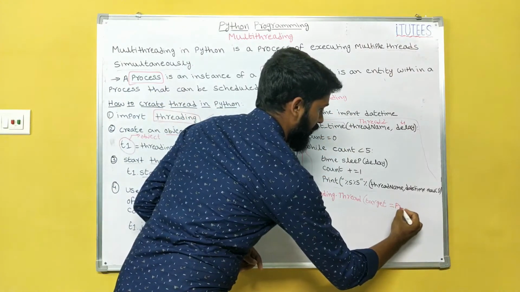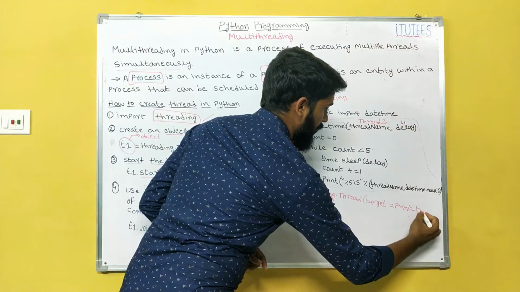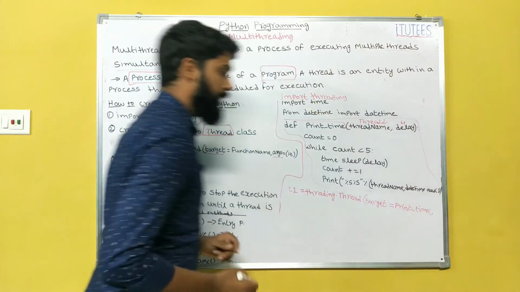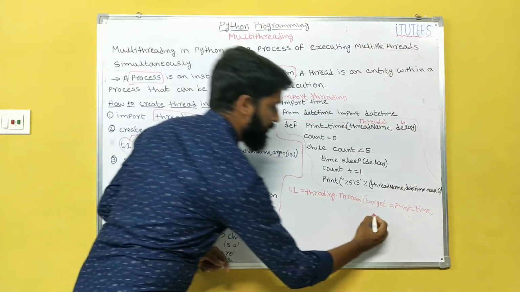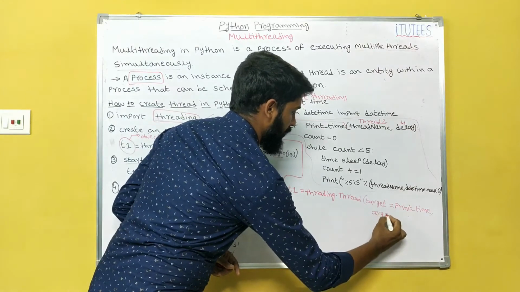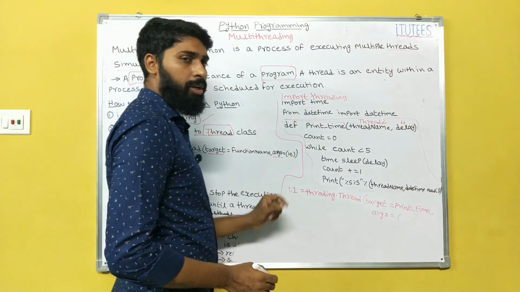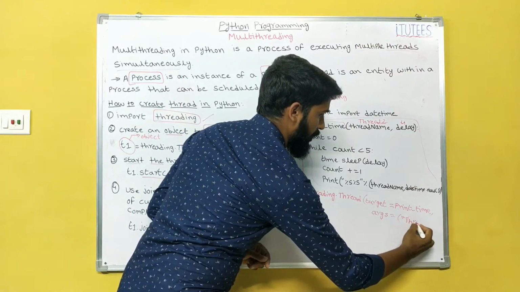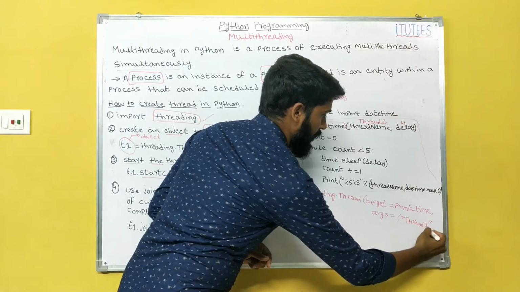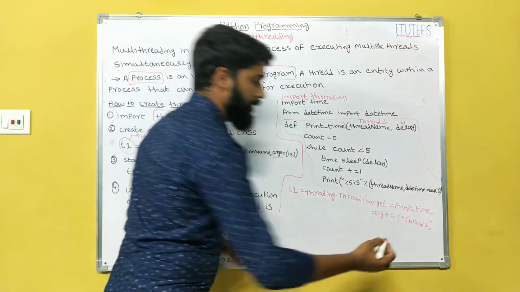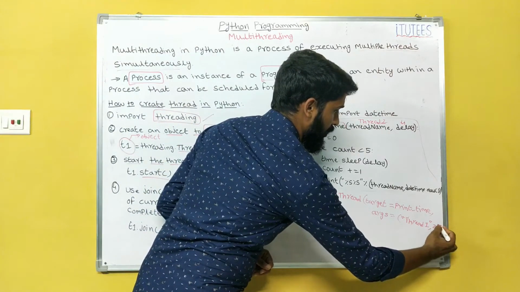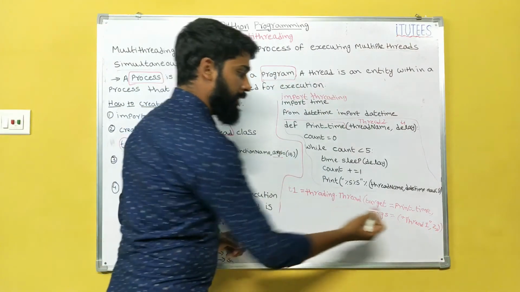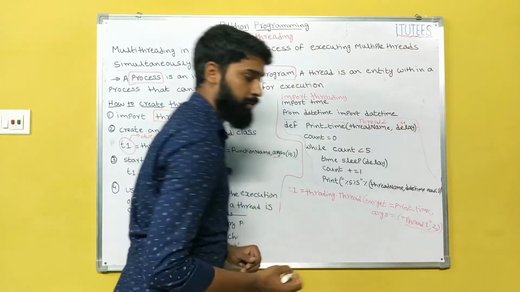So I give print_time, comma, args. What are the arguments we are giving? One is the string "thread 1", comma, we are giving the delay, for example 2, comma, that's it. Here the arguments are a tuple.